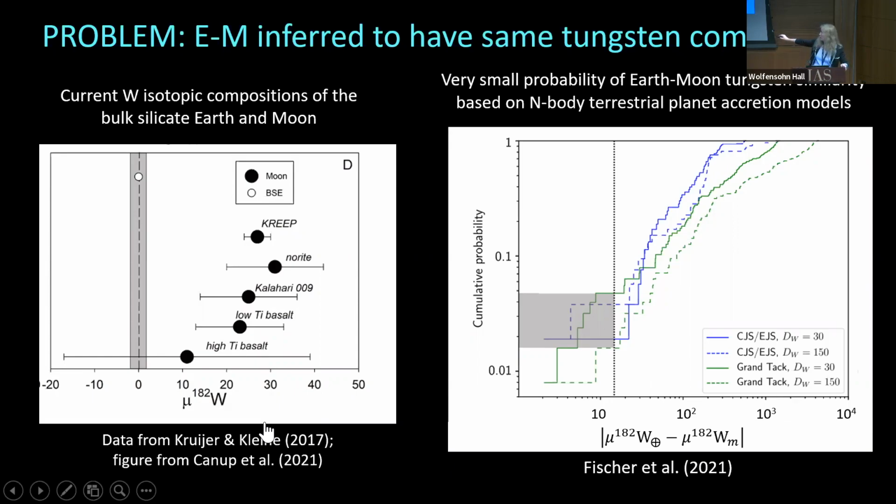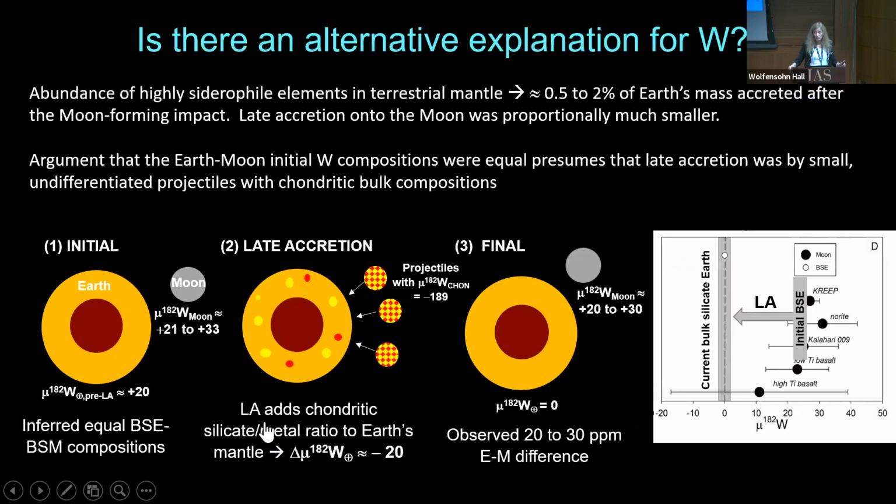That initially the Earth and the Moon were equal, in other words, that the Earth values, instead of being here, were here, is based on a model of what accreted to the Earth after the Moon forming impact. From the abundances of highly siderophile elements in the mantle of the Earth today, it's inferred that there was a late accretion of material of half to a couple percent of an Earth's mass after the Moon formed.